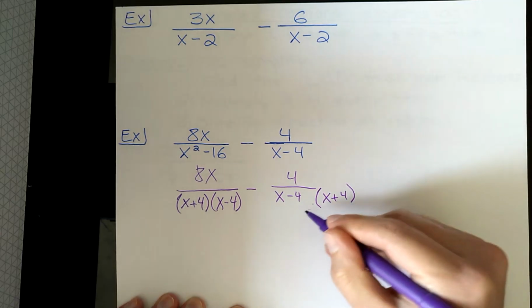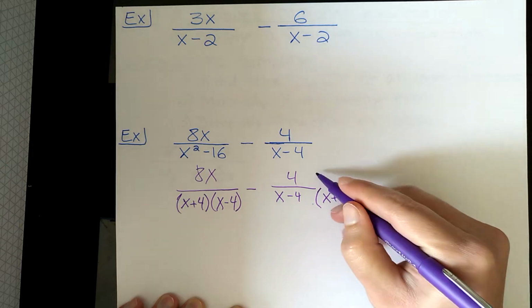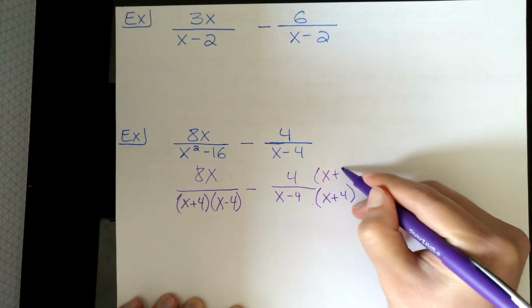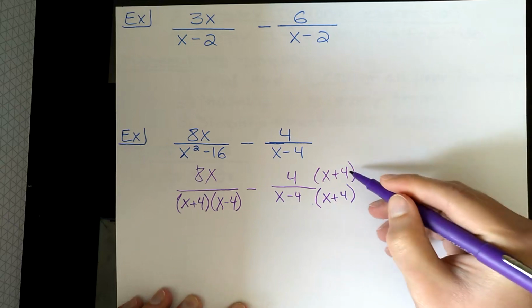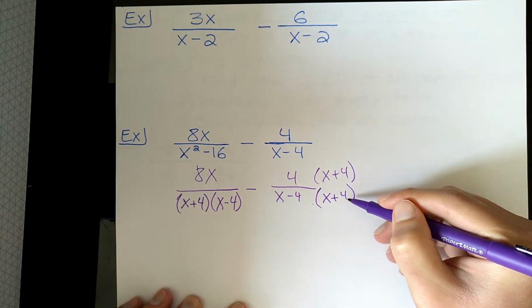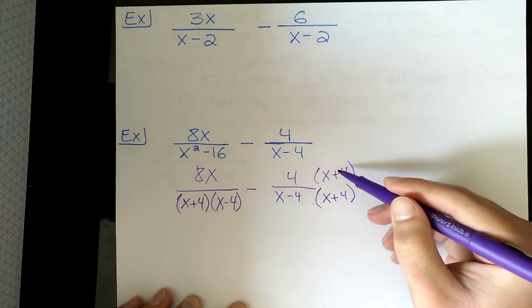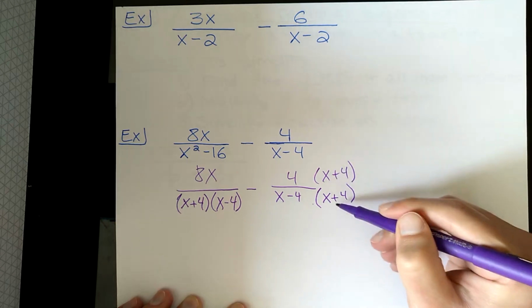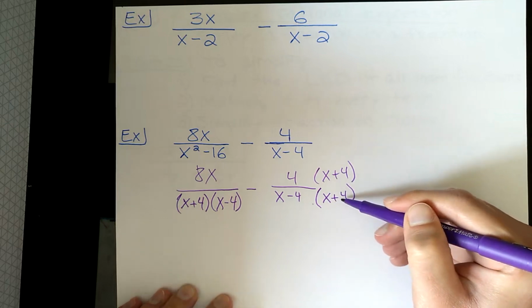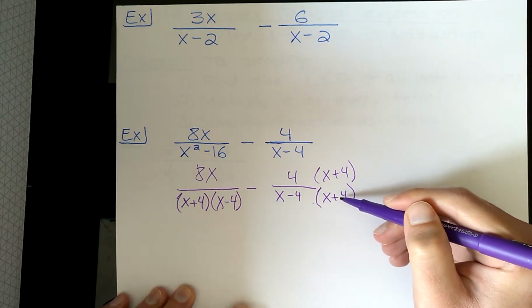But when you multiply it to the denominator, you have to multiply it to the numerator as well. Otherwise, you're changing the problem. If you multiply it to the numerator and denominator, then it's like you've multiplied by 1. Because if you take x plus 4 and divide it by x plus 4, anything divided by itself is just 1.